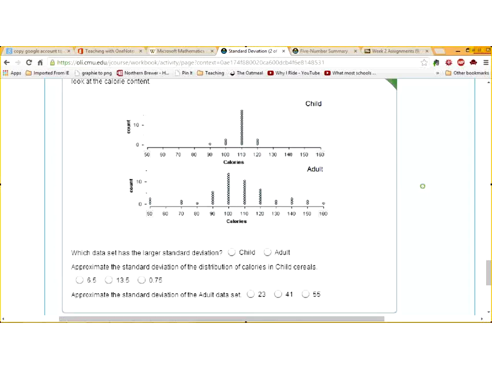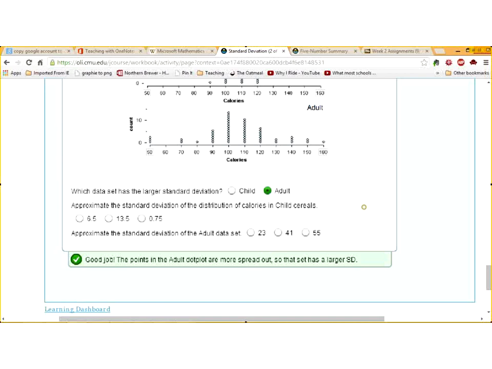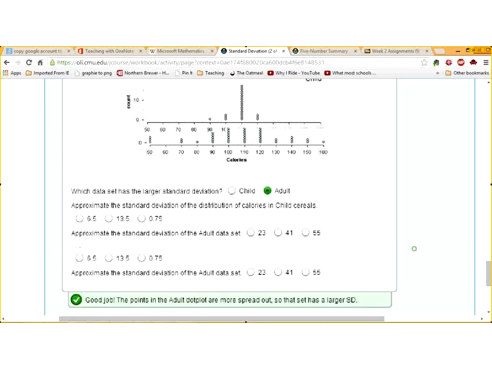So when we look at these two distributions, and it asks which set has the larger standard deviation, we would say the adults do, because the adult cereals have the larger standard deviation, because there's much greater variation in calories for the adult cereals than for the children's cereals. Now it says approximate the standard deviation for the children's cereals.